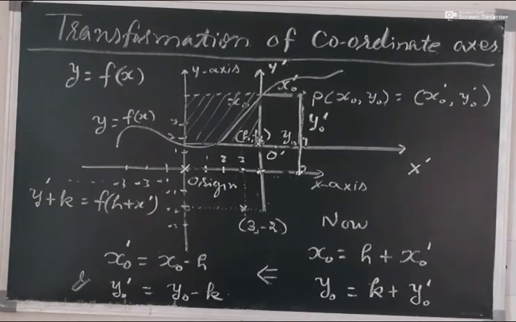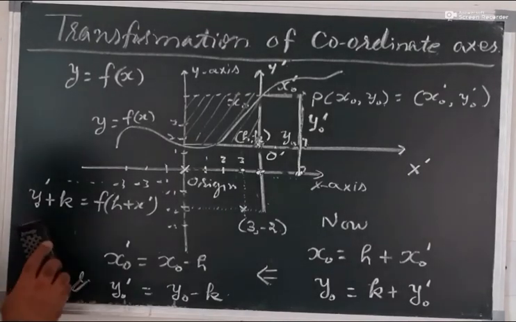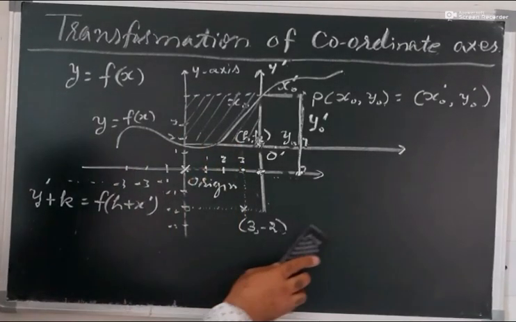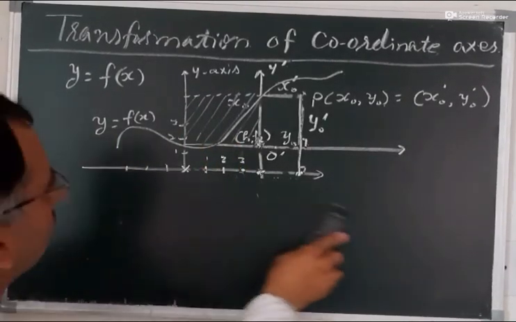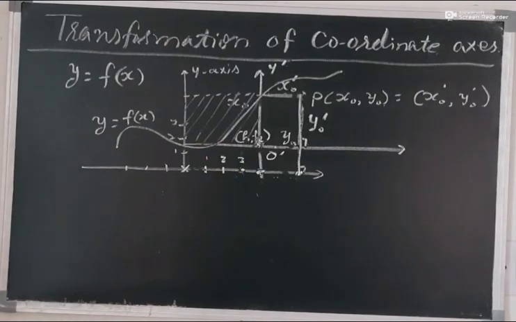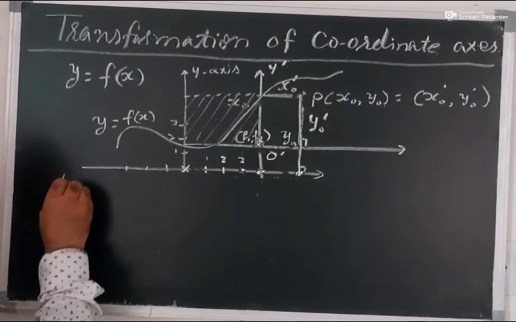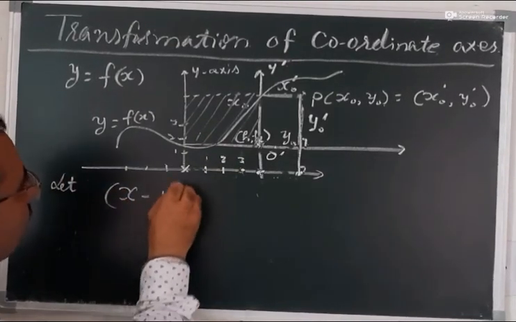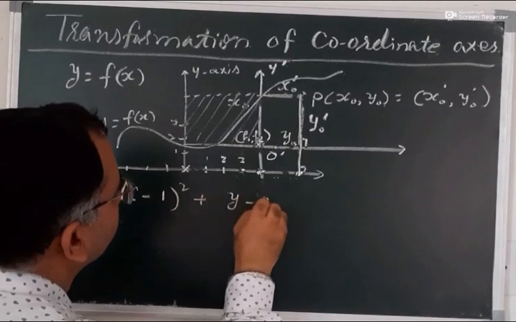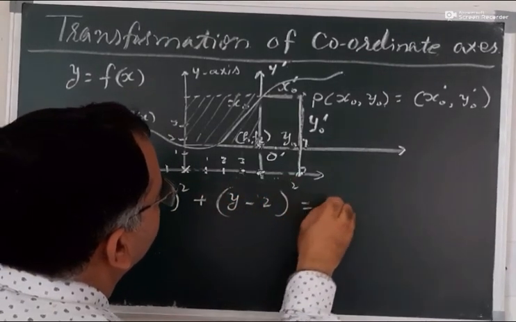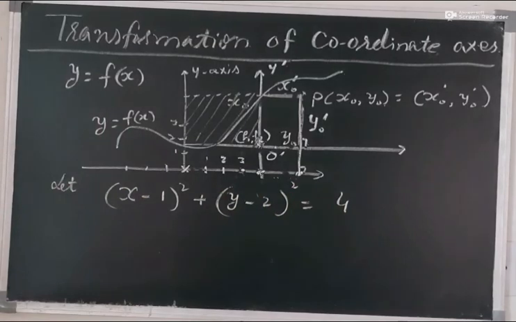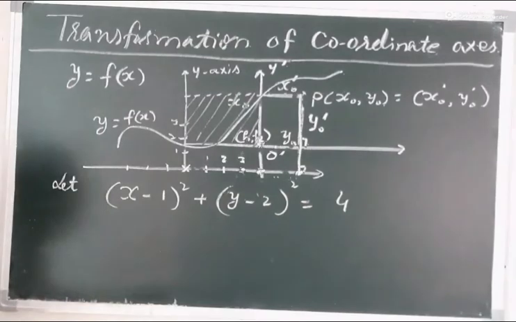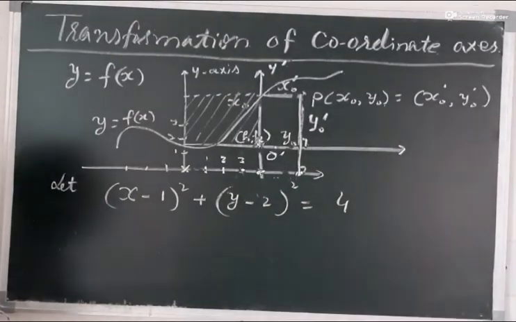So let's see one particular example where I can explain this more. Let (x minus 1) square plus (y minus 2) square be equal to 4. We all know that this is the equation of a circle with center at point (1, 2) and radius 2 units.